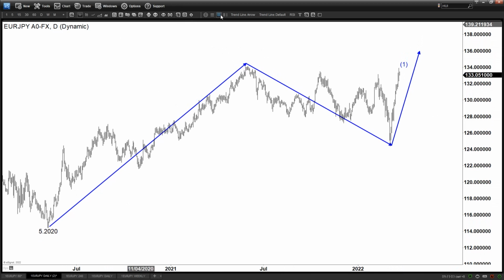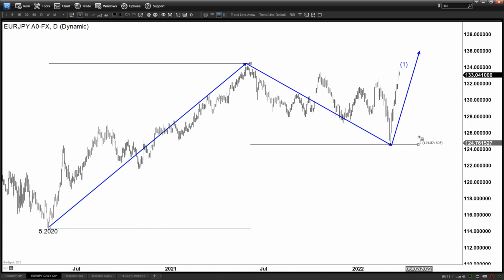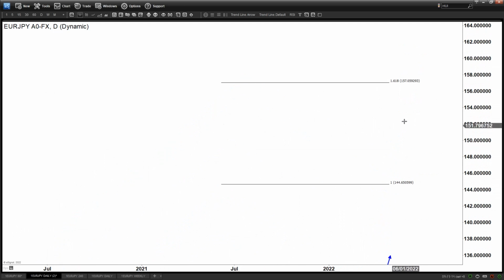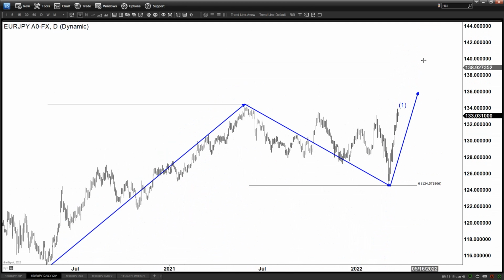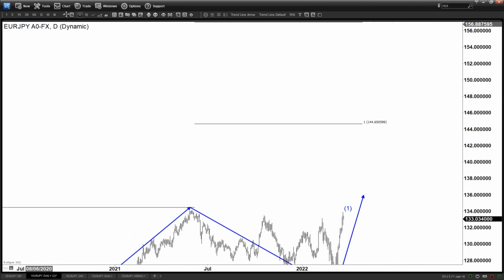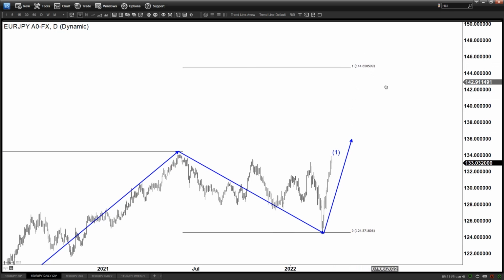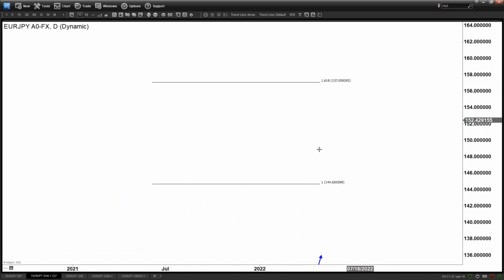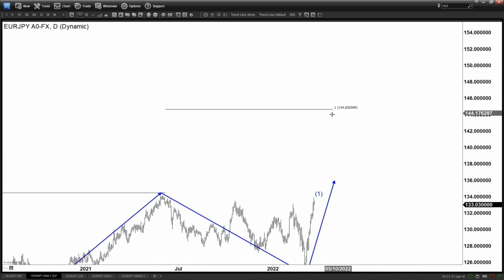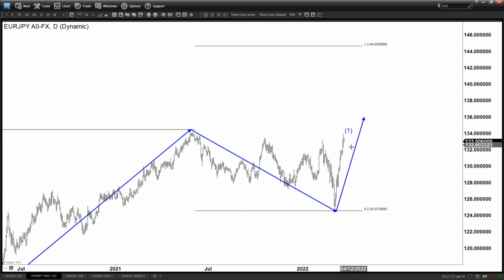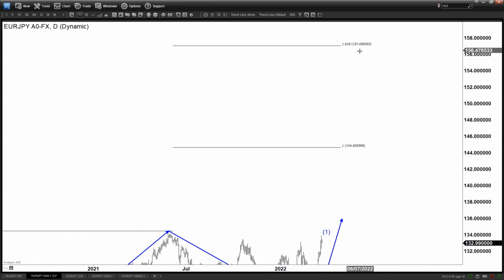So technically speaking, depending on whether this is wave 1-2 or not, if it is a 1-2, you're talking about wave 3 right now, which should be a very powerful move that can go all the way up to 157. But of course, this is not like a 24-hour trade. This is the daily time frame. It's going to take a while, multiple months or even years, but if it is a wave 3, it will be a powerful and very fast move. At minimum, it can get into 144, the 100% extension, or it can go all the way up to 157.